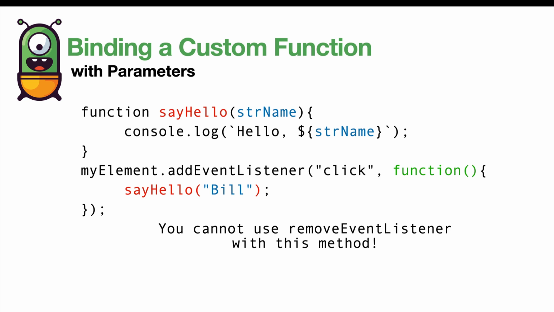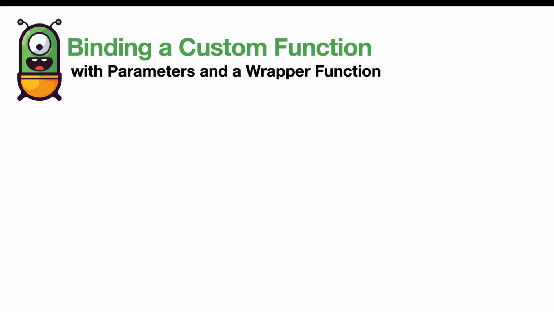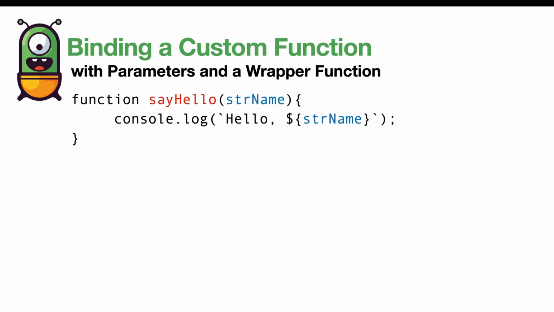later on, and we still have this custom function with parameters? Well, this is what we would do. We would build something called a wrapper function. So we have our main function. Here it is, say hello with strName as a parameter.